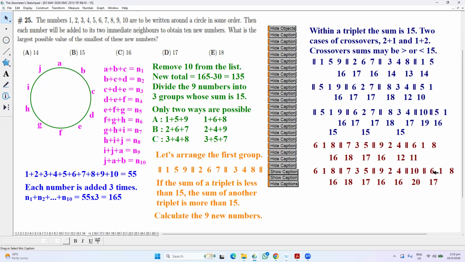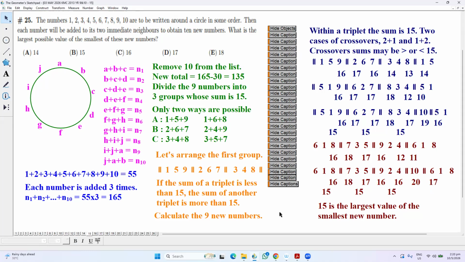Then 10, 6, 1. 10 joins back, 10, 6, 1. So the rest will be 15, 15, 15 plus these 7 numbers. So you say 15 is the largest value of the smallest new number.